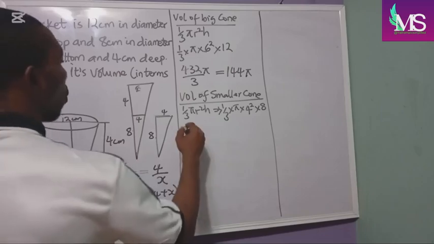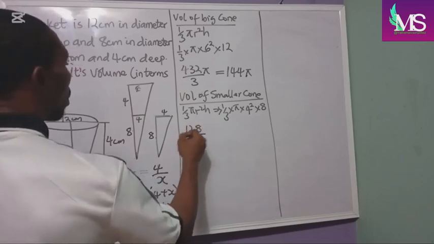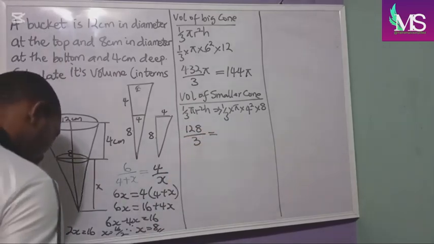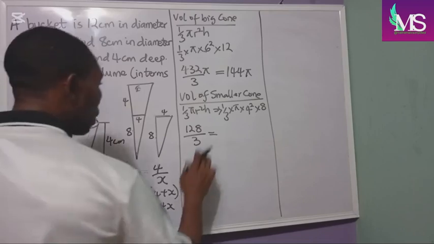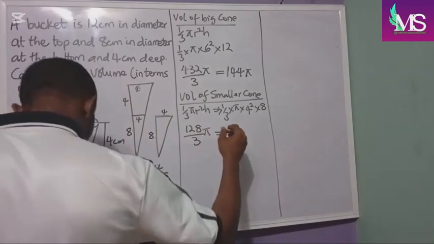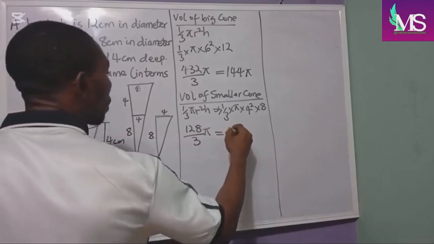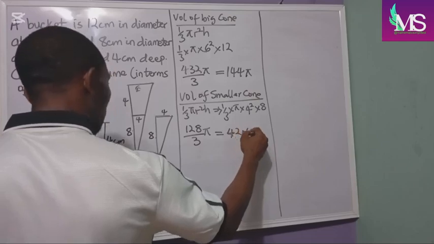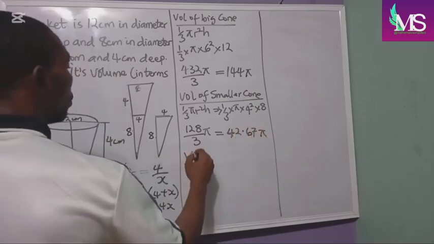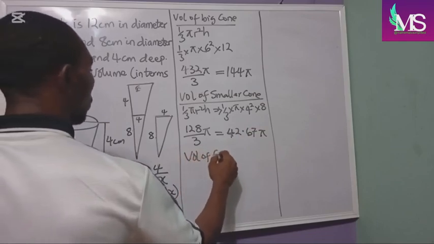That is 128 all over 3. So 128 pi divided by 3 will give us 42.67 pi.